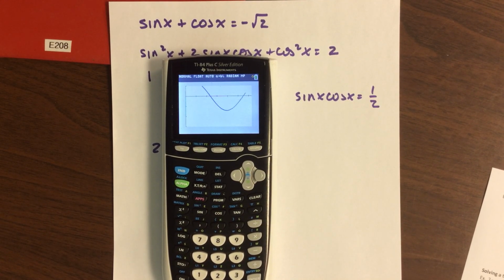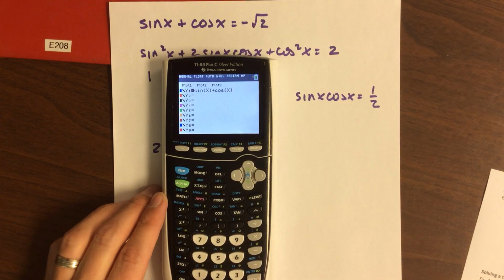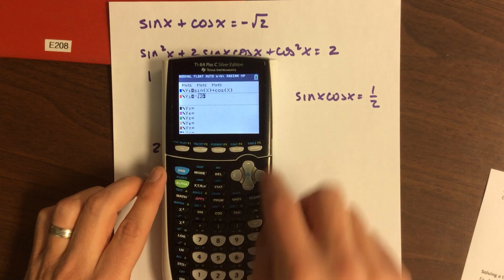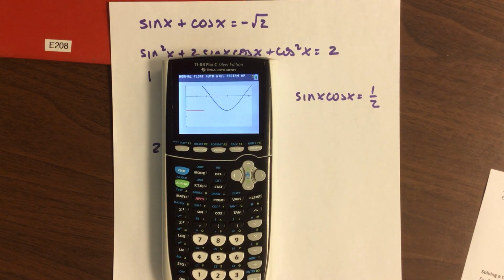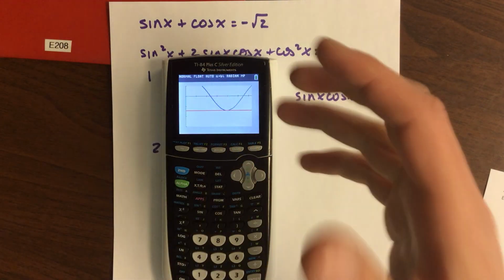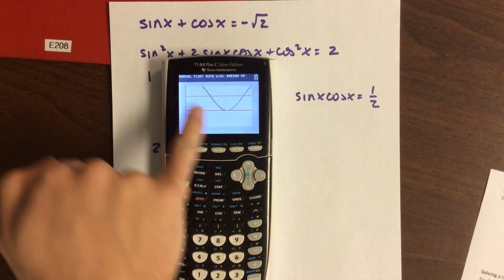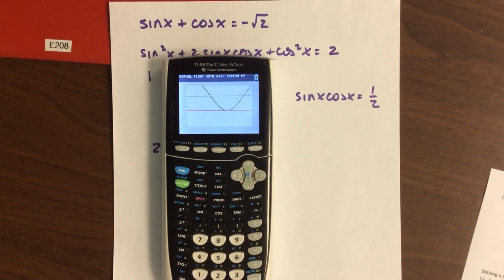So here is the graph of sine x plus cosine x. I will graph also negative root 2. And we will look, where do those two intersect? When we squared everything, we changed from 2 functions to 1 function, sine and cosine just to 1. It ignored a bit of this change here.